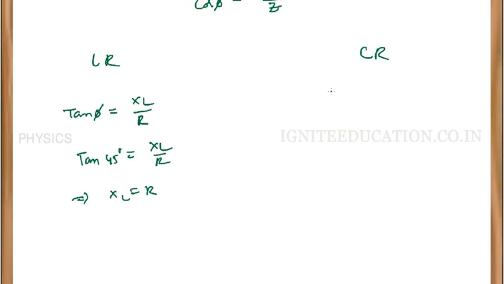Now come to the CR circuit. In CR, tan phi is equal to XC by R. Here it is leading by 45 degrees.